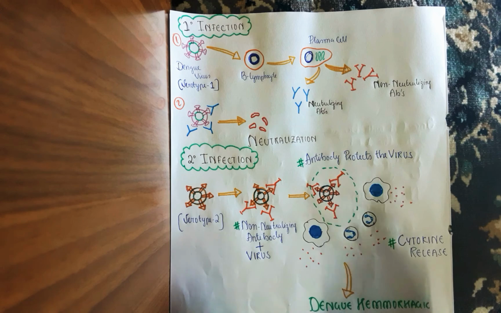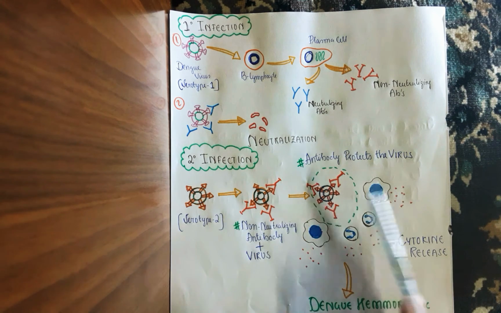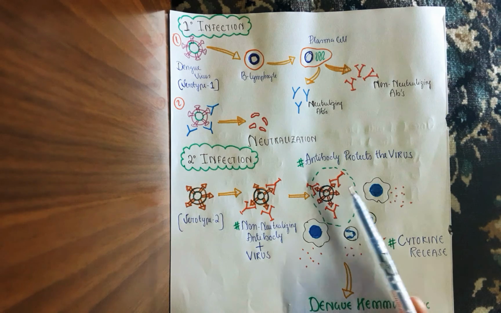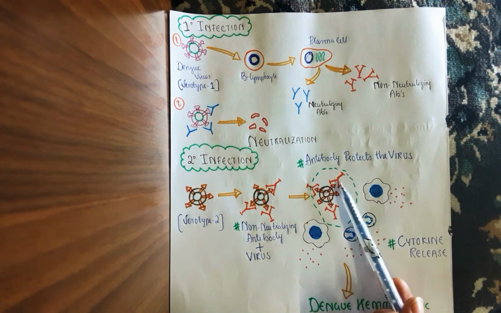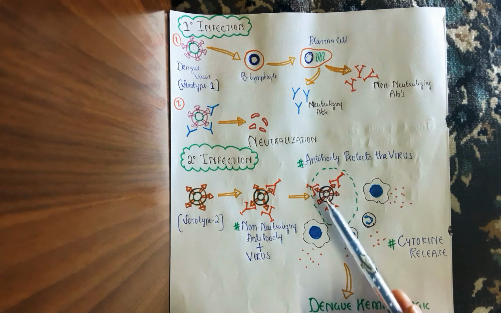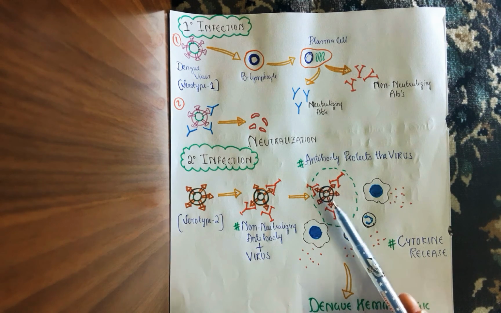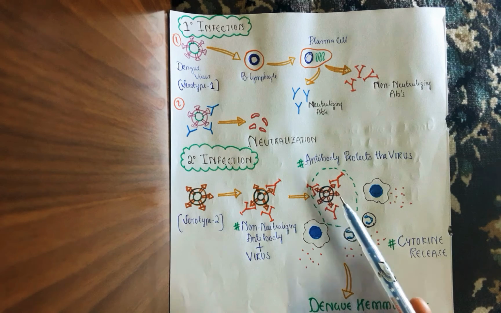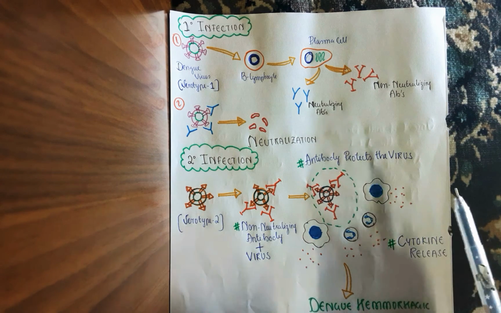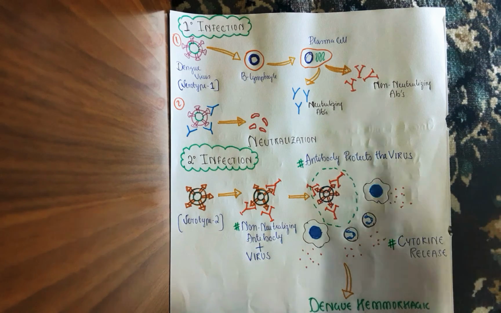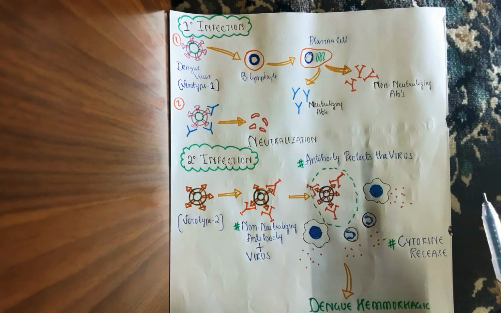Now we'll learn what the manifestations are and how they are produced. The virus is not killed, but there is formation of antigen antibody complex. This antigen antibody complex will lead to activation of the complement pathway, the classical complement pathway. That will lead to production of various types of complement components that may include anaphylatoxins also.